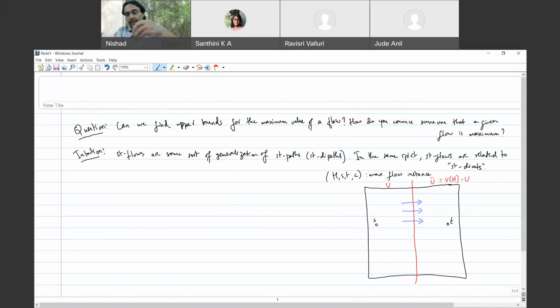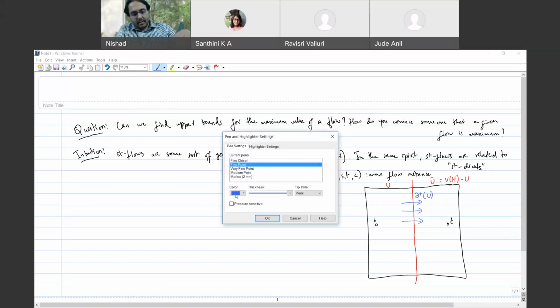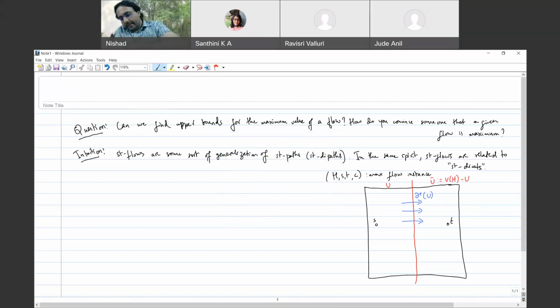So these edges, we are going to refer to them as partial plus of U. Okay, the outgoing edges. And these edges, we're going to refer to them as partial minus of U. Okay? It's the same way that we defined partial plus for a single vertex and partial minus for a single vertex. All right.